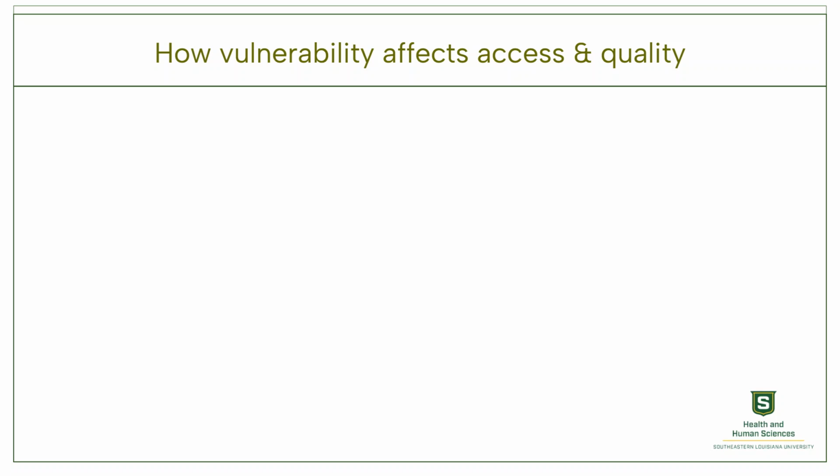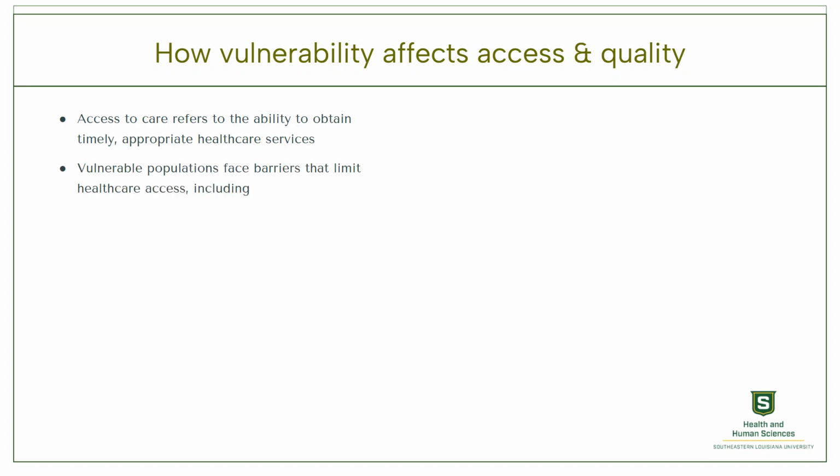So, how does vulnerability affect access and quality? Access to care refers to one's ability to obtain healthcare services that are timely but also appropriate. Vulnerable populations face greater barriers to receiving healthcare, which limits their access.